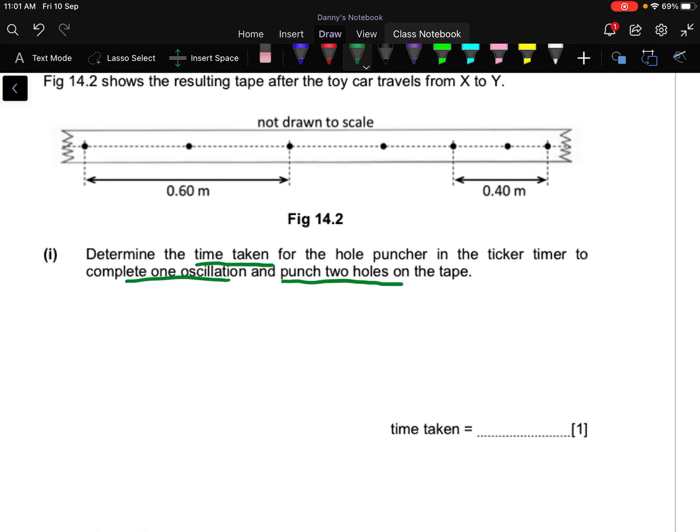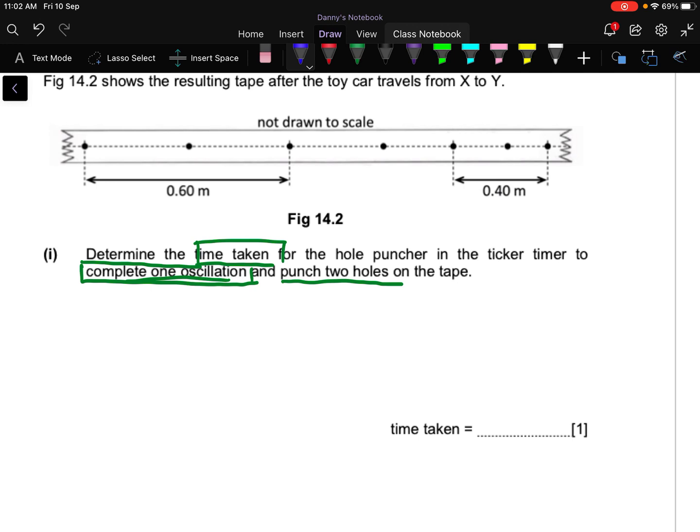The time taken to complete one oscillation and punch two holes. Actually when I made this question, I tried to give you a hinting word. When we checked the paper between the physics teachers, we also had a small debate on whether or not to give you this, and we finally decided, okay, we will give you some help.